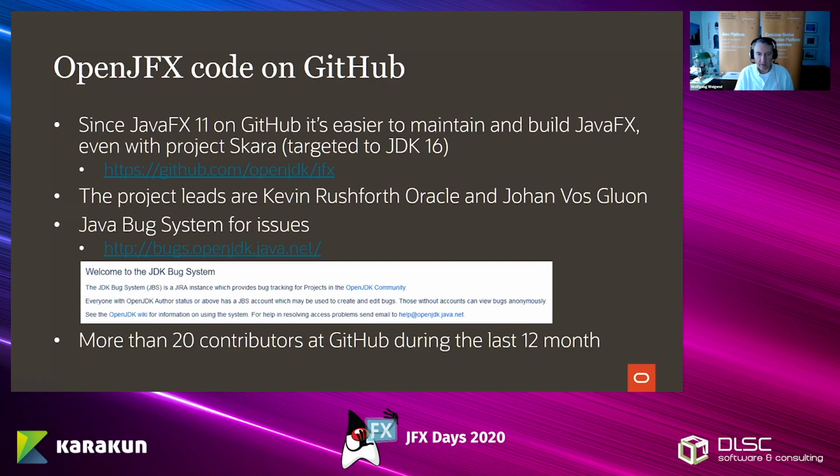And the JDK bug system is very useful to work on a professional level, and then to ship it to GitHub. And there are more than 20 contributors at GitHub during the last months. What was the count as well from Johan? Now we have even more.